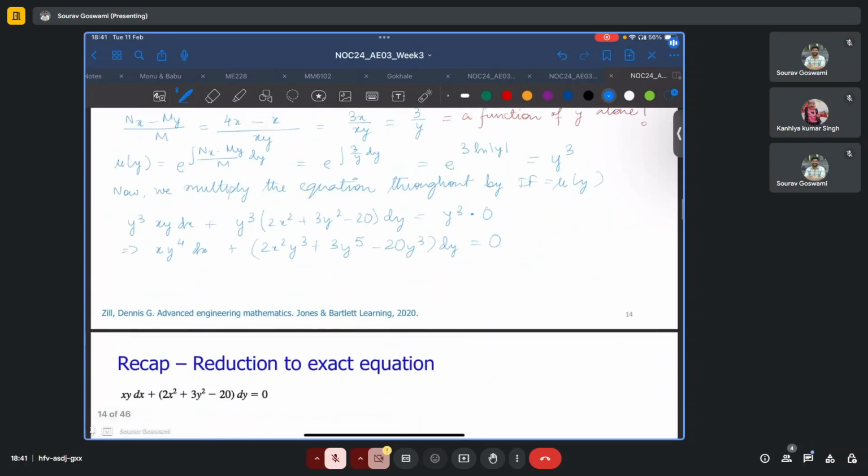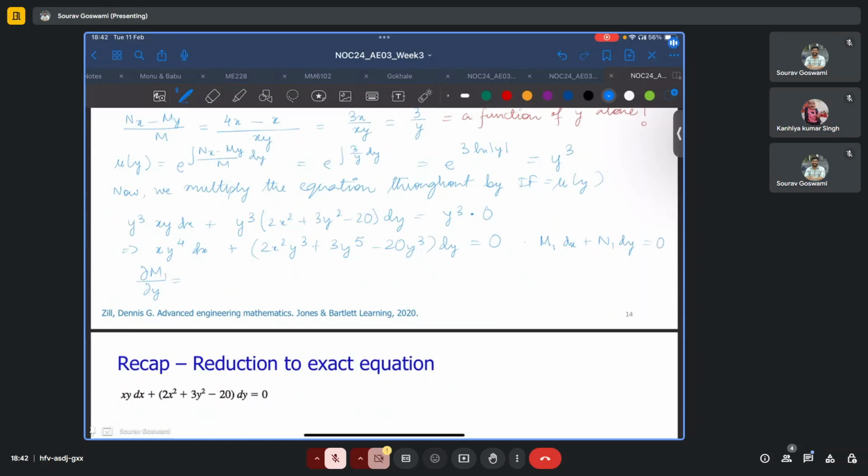Now let us try to compute ∂M/∂y, assuming this is again some M1 dx plus N1 dy equals 0 form.